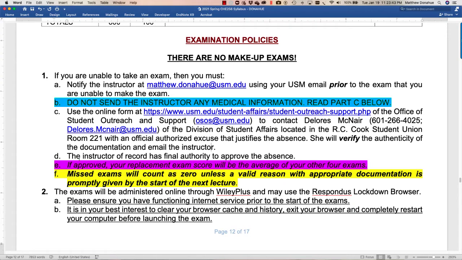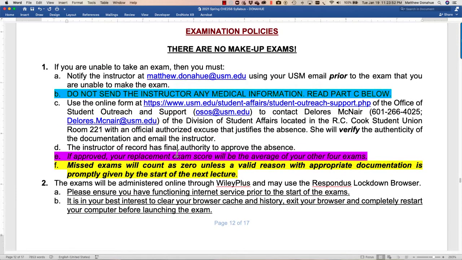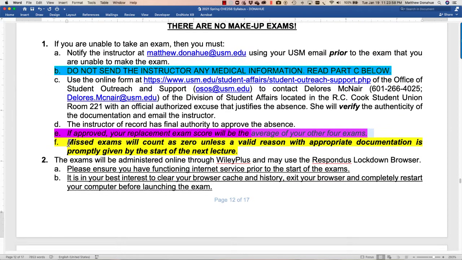So I'll get her email, I'll read it, I'll most likely approve it. If it's approved, the replacement score for the exam you miss is the average of your other 4 exams. If you miss an exam and you do not have a valid excuse, you're getting a 0 for that exam.